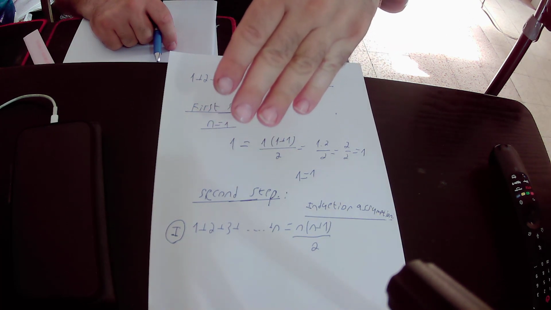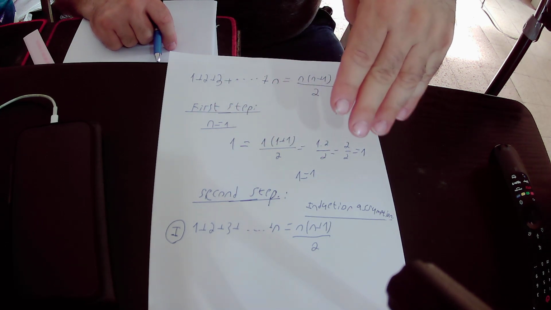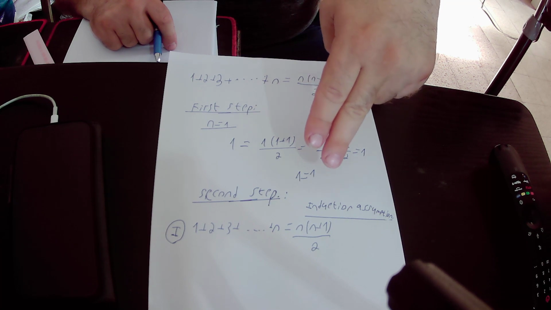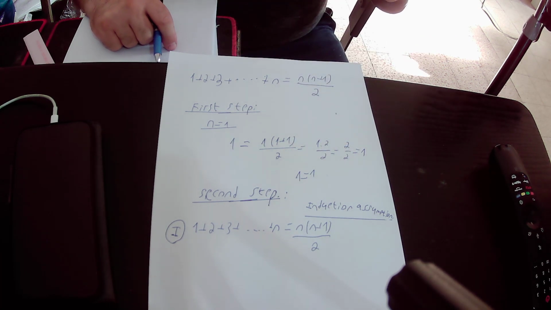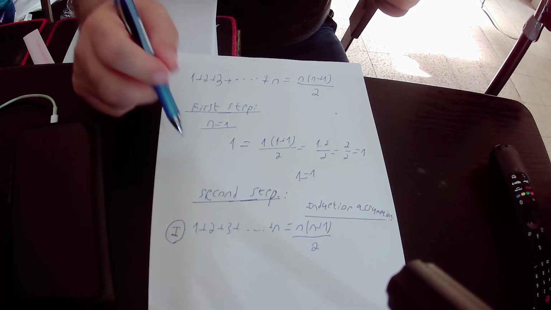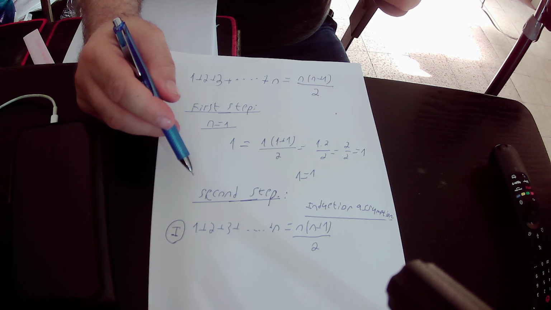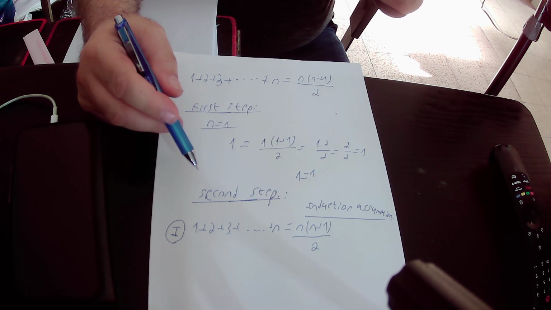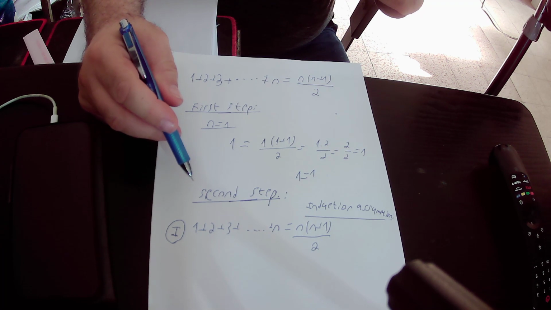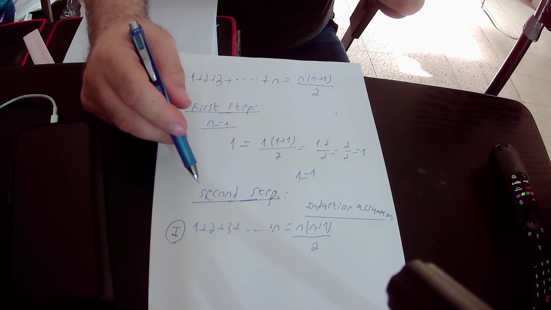That is to say, 1 plus 2 plus 3 plus ... plus n equals n times n plus 1, all divided by 2. And according to this assumption, or according to the induction's hypothesis, we will prove the statement or the claim or the equation for n plus 1.